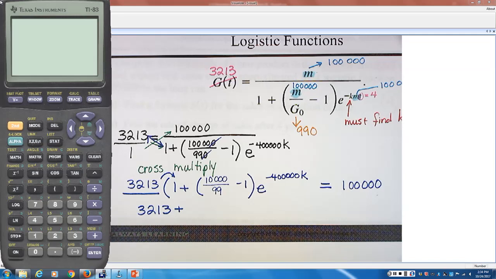Let's just eliminate needing to do that. So let's see, 10,000. Okay. And then multiply that by your 3213. And we get 3245.45.